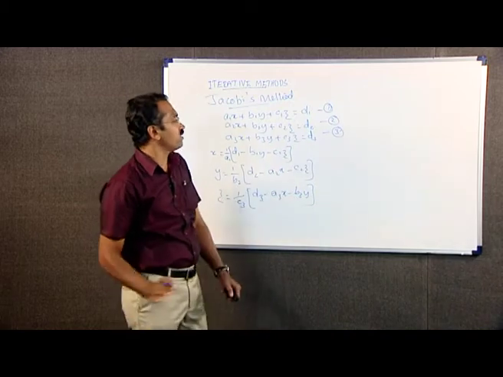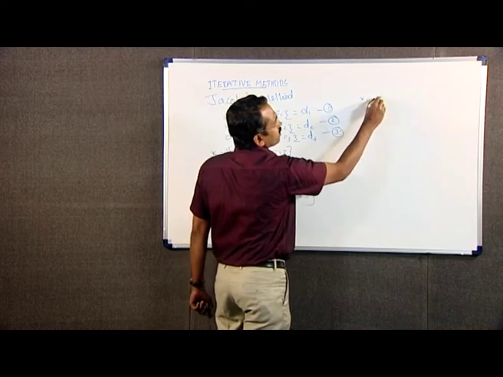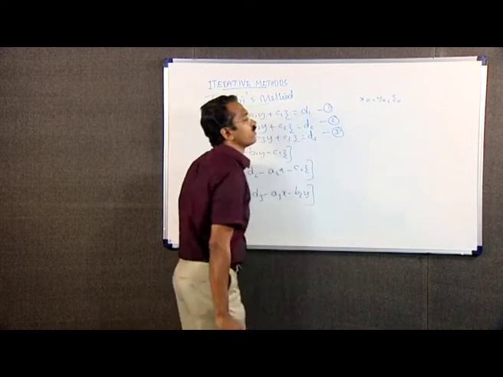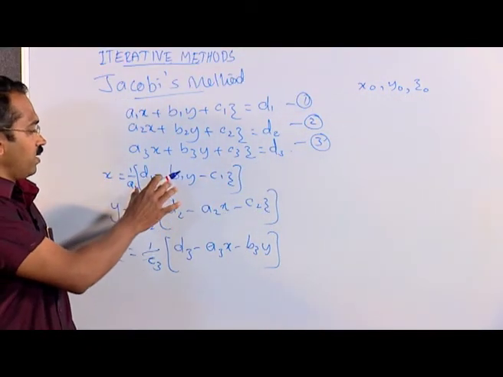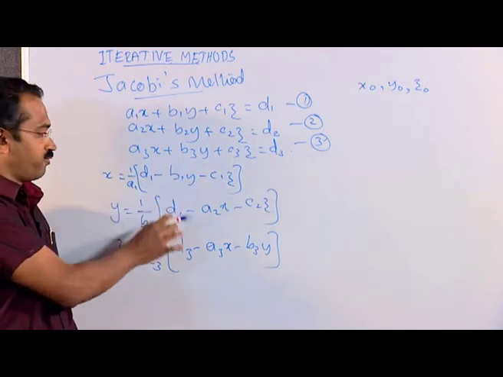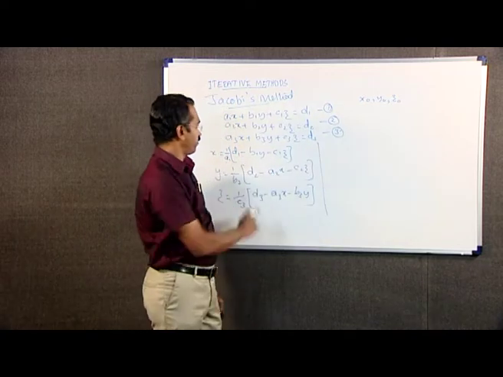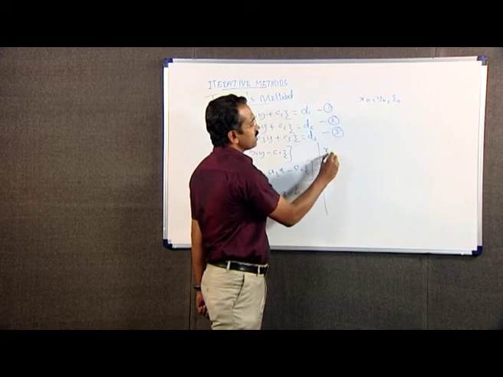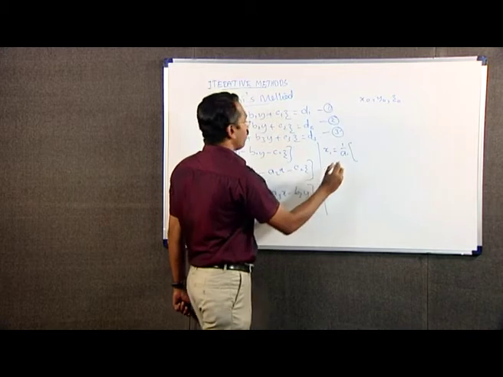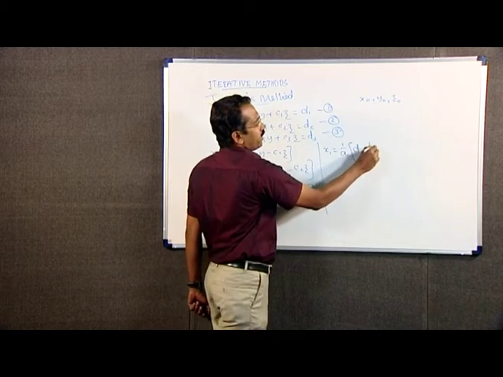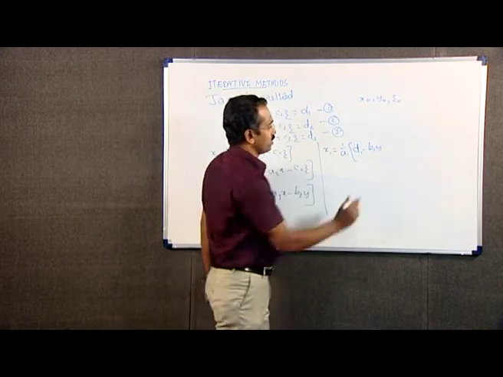Let us start with the initial values x naught, y naught, z naught. We put these values in the right hand side of these 3. We will get the first approximate value of x as x1 is equal to 1 by a1 into d1 minus b1 y naught minus c1 z naught.